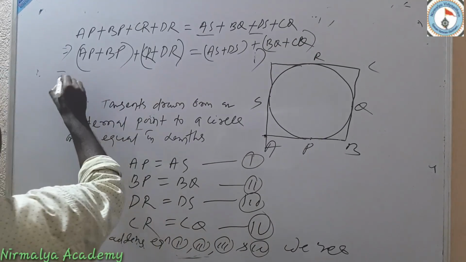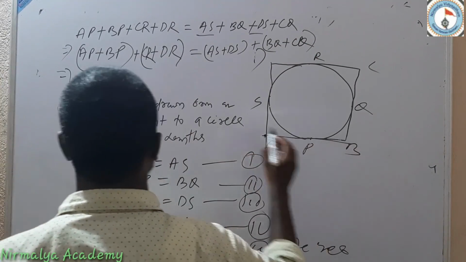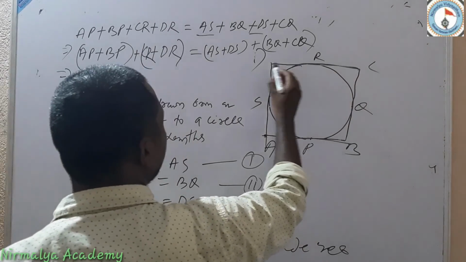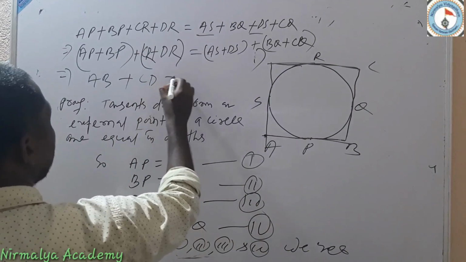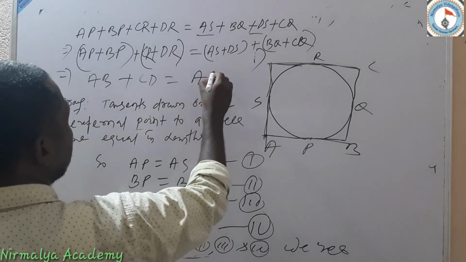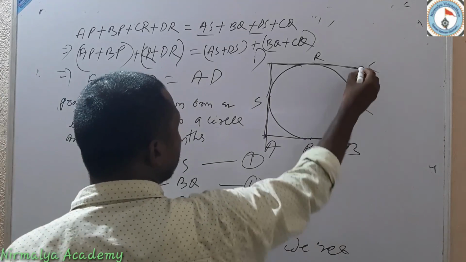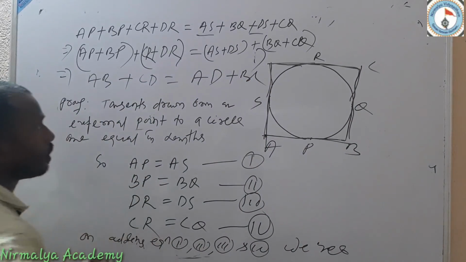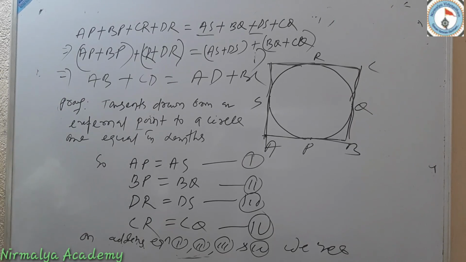So AP plus BP becomes AB, and CR plus DR becomes CD, AS plus DS becomes AD, and BQ plus CQ becomes BC. So this is proved that AB plus CD equal AD plus BC.